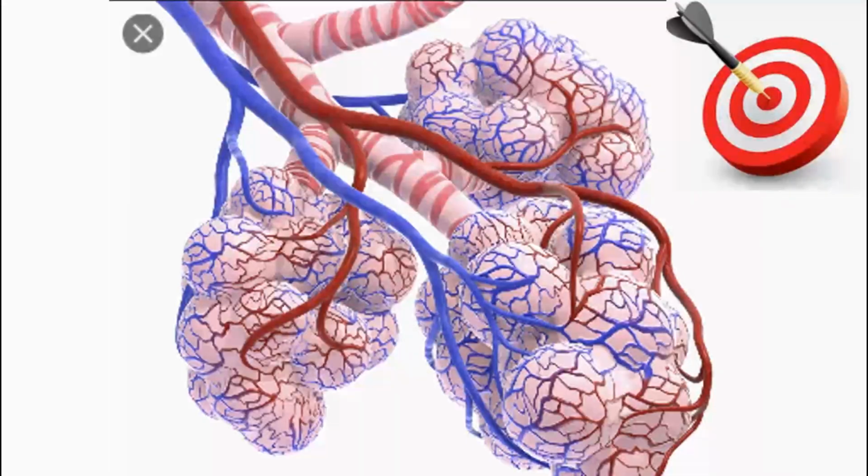In this case, this is called the pulmonary circulation, and the blue vessels are coming from the right ventricle through the pulmonary arteries. So the blue vessels here are the pulmonary arteries, and when blood becomes oxygenated, it returns to the left atrium as the pulmonary veins.